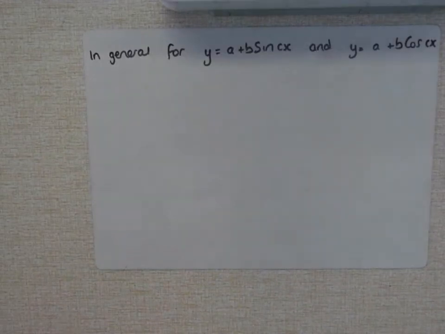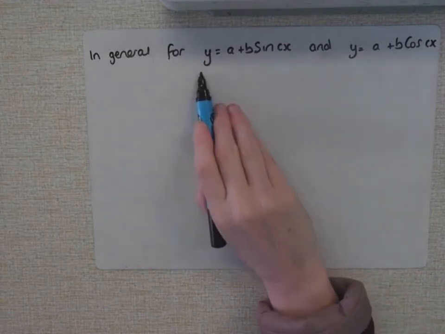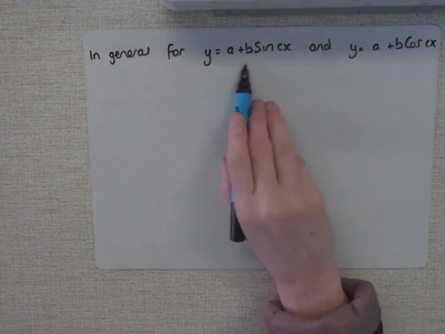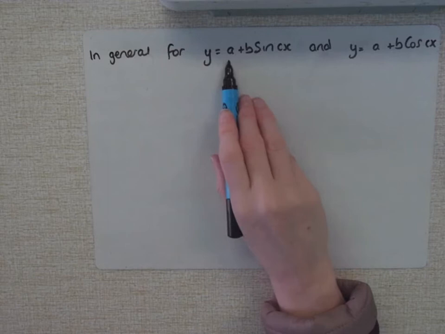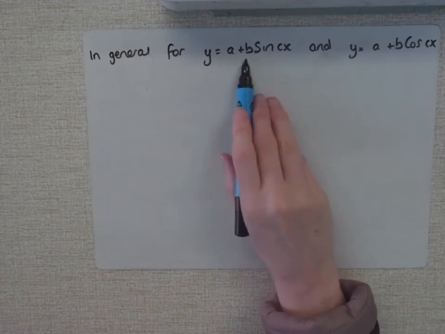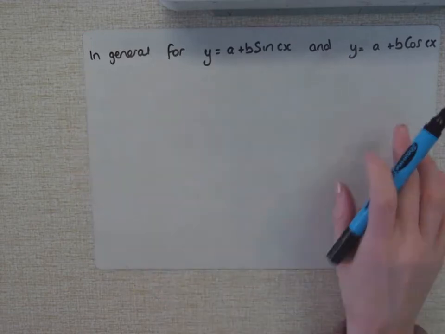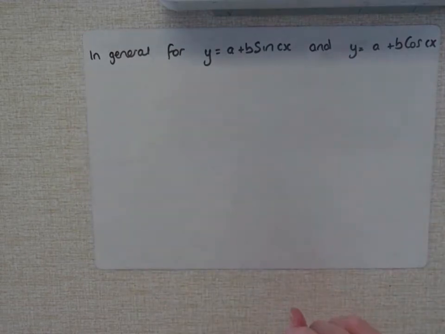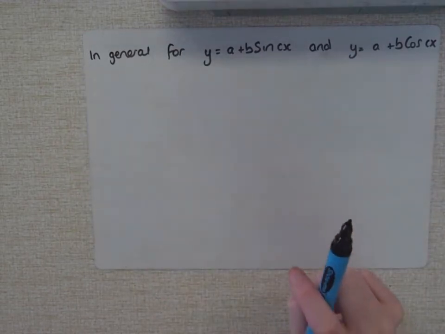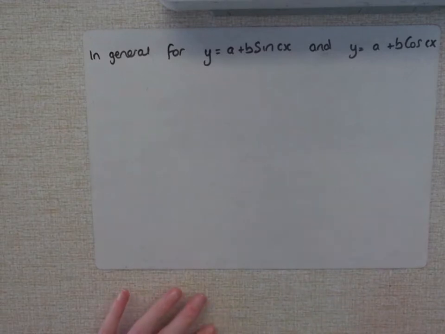Okay, so in general, you have these related trigonometric graphs. So I can add something on, I can multiply the function by something, I can multiply the angle by something. So write this down for me. I'm just going to explain using the graph.